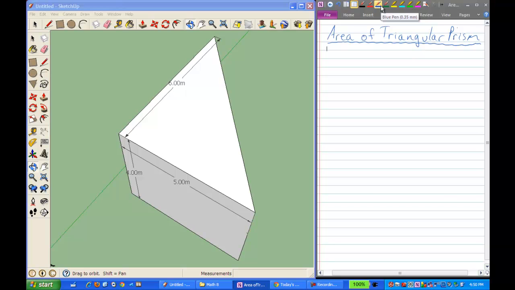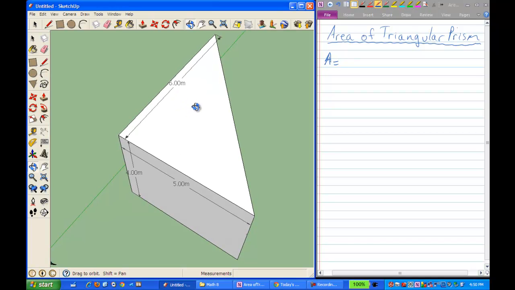We can say that the area of this one is simply this. Area equals, we have two of these triangles here.